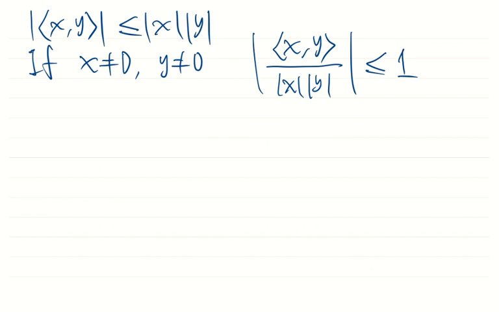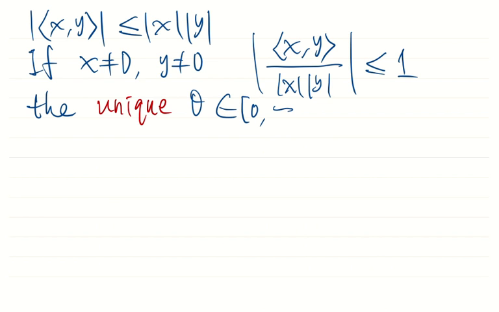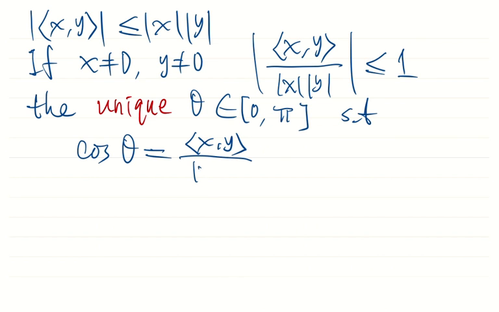So we have a unique theta in this interval 0 to pi, such that cosine theta equals this fraction. There is only one theta that satisfies this equation.